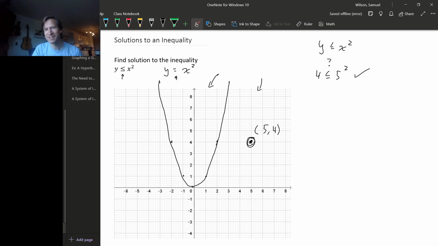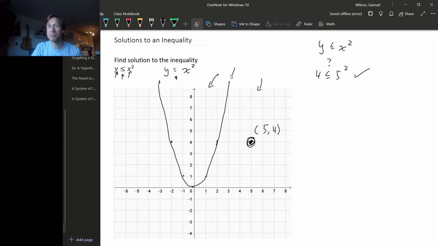Now imagine you're at this point and you start moving it around the plane. x squared at this location will change and y will change, but as long as you don't move too far away from this point, x squared will still be greater than or equal to y. How is it that x squared could end up less than y? Well, at some point we're going to have to cross the boundary where y is equal to x squared.